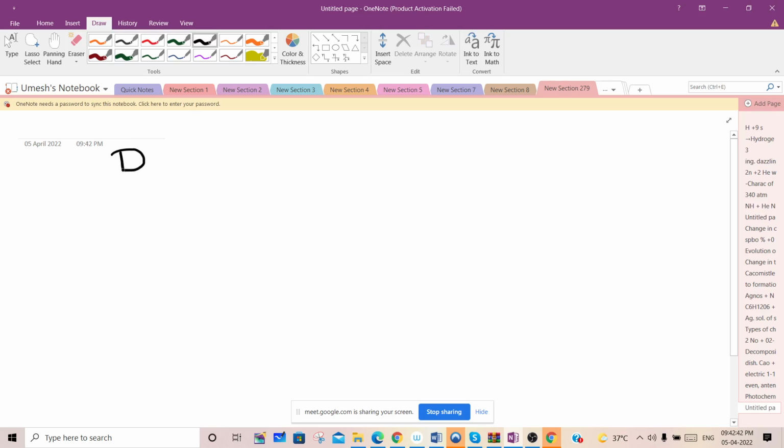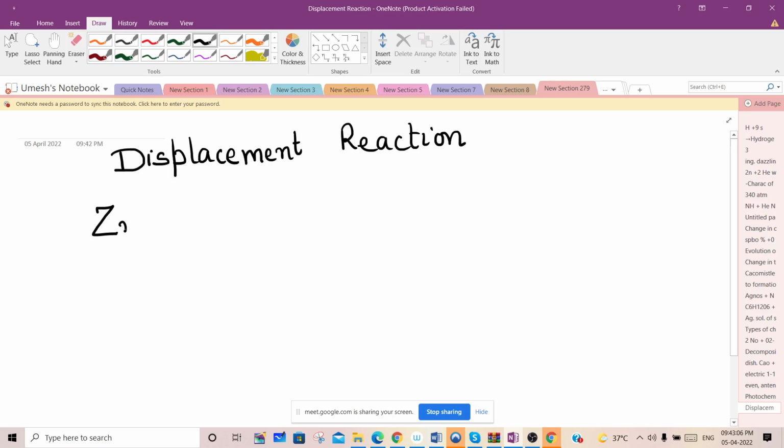Now, next we are writing here about the displacement reaction. Zinc plus copper sulfate. This copper sulfate is blue in color, right?